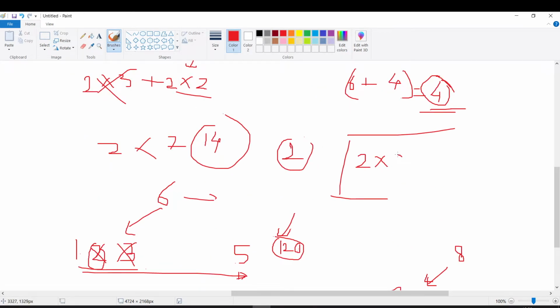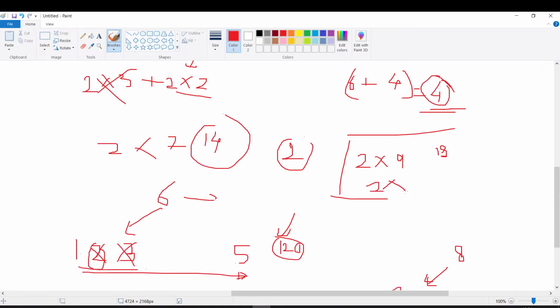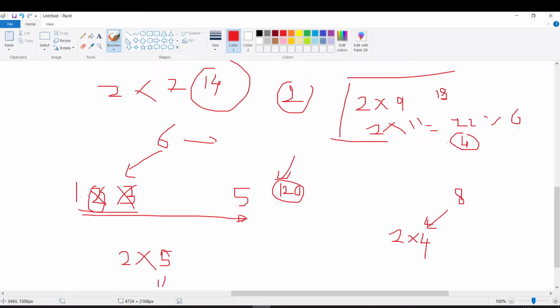Like, let's take 9, so it will be 18. These are also all divisible by 6. So 2 and then 11, 22. 22 modulo 6, right? The last value was 18, so it will be 4. Okay, so it is 2, otherwise the counterpart of it, like the subtract and the difference.